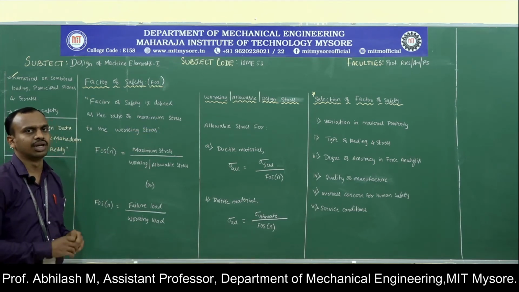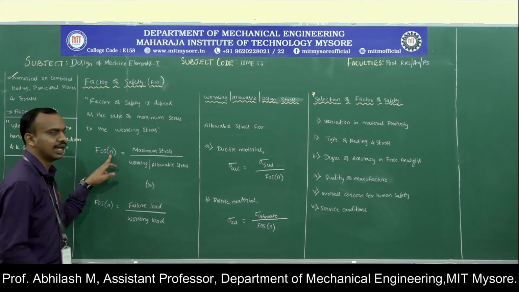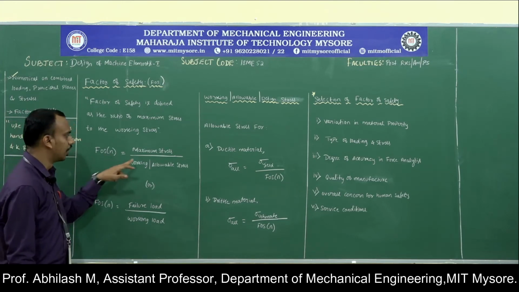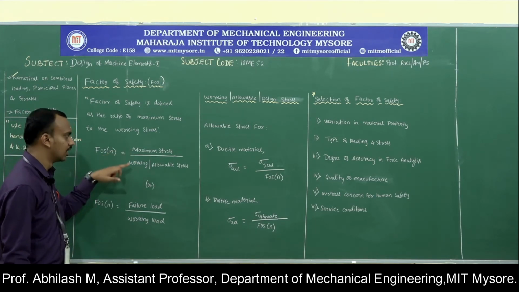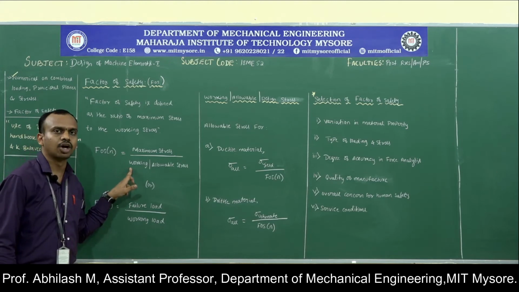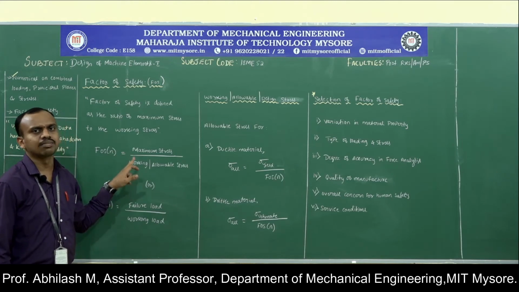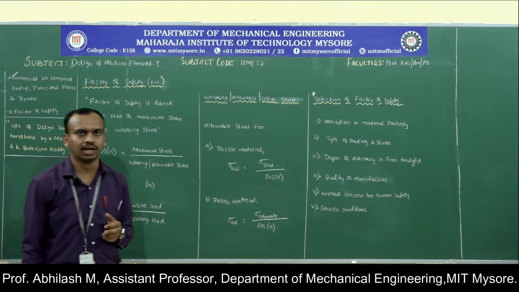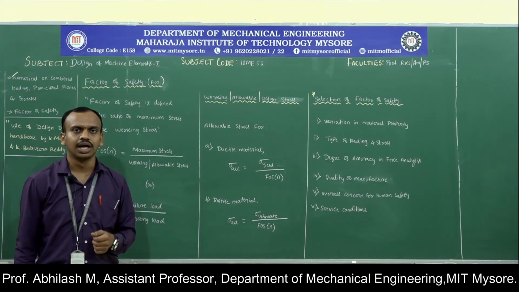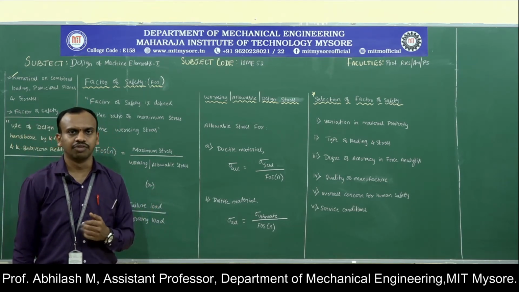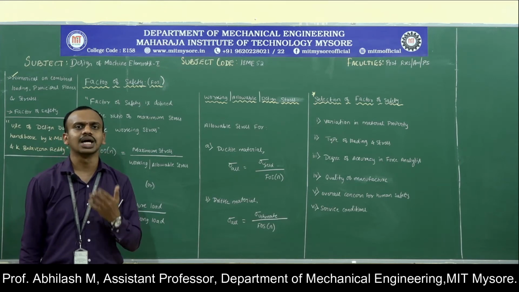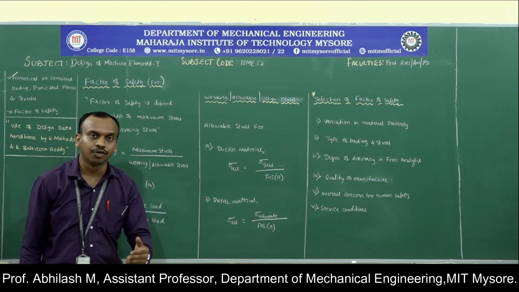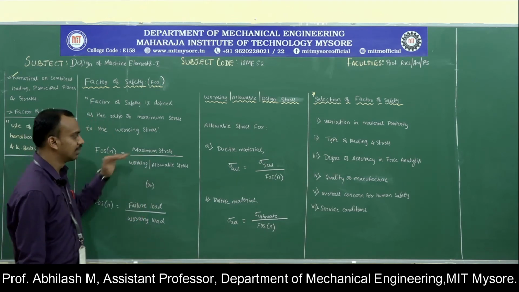A factor of safety is denoted by the term N. So N is equal to the maximum stress divided by the working or allowable stress. What is the maximum stress for any material? If it is a ductile material, it will be the yield strength. If it is a brittle material, it will be the ultimate strength. So that is what we are going to consider as the maximum stress.